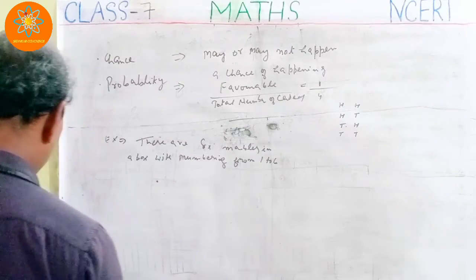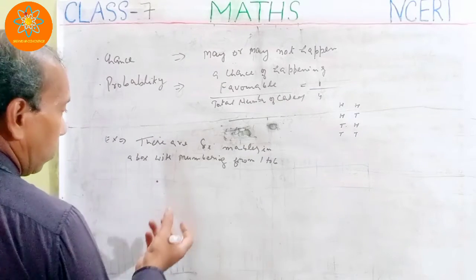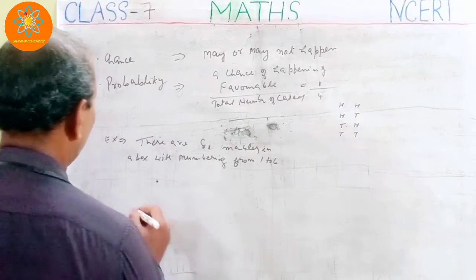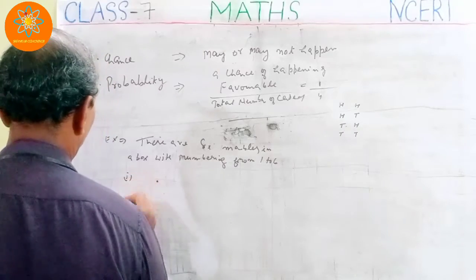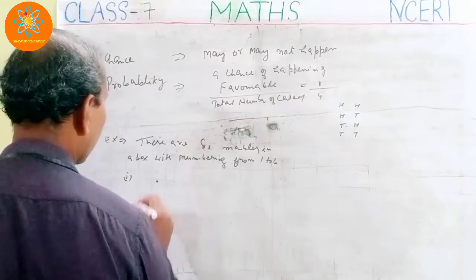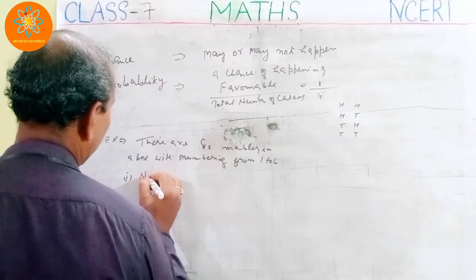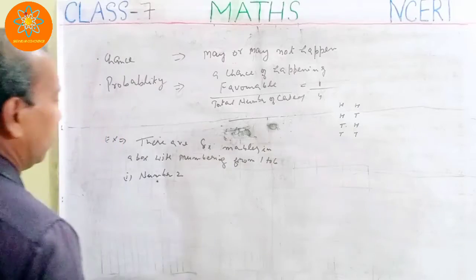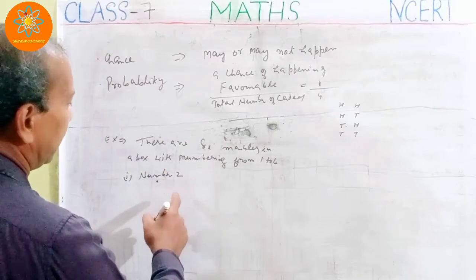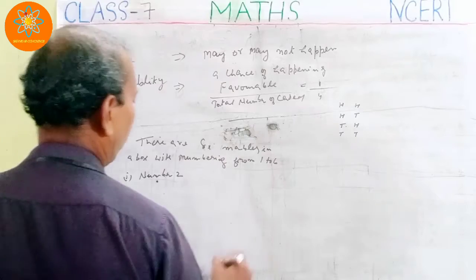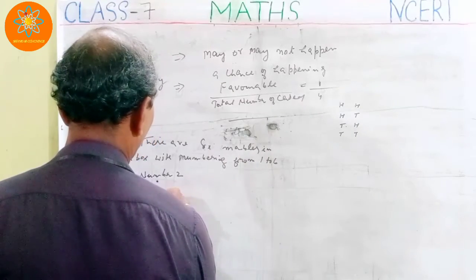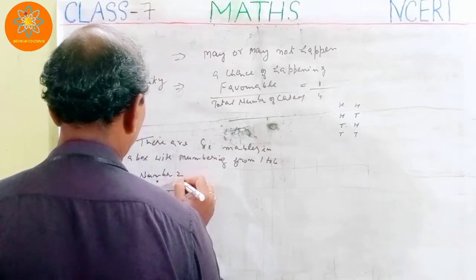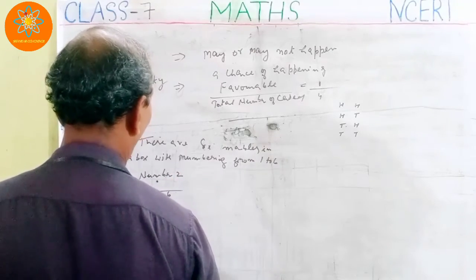Now the question is, one marble is taken out. The first one is number 2. 6 marbles are there, so total number of cases is 6, and favorable cases is 1.